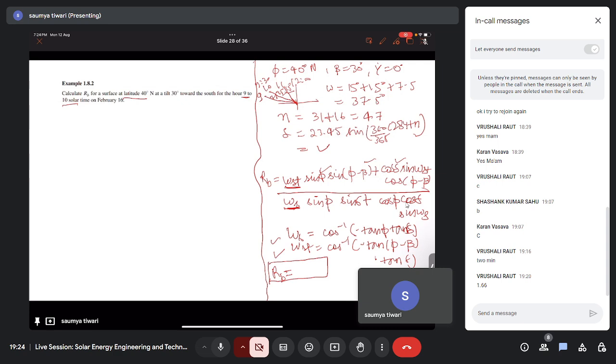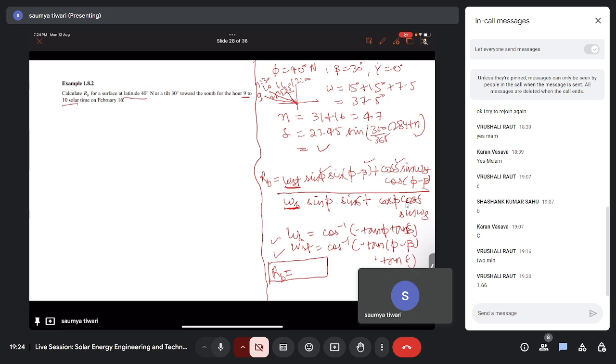Followed the same approach, just omega st was wrong. Okay, note that RB is basically what we are receiving on the tilted surface relative to what is received on the horizontal surface. So in omega st, the beta parameter will be included. I hope this is clear now. Yes, ma'am. Yes, thank you.